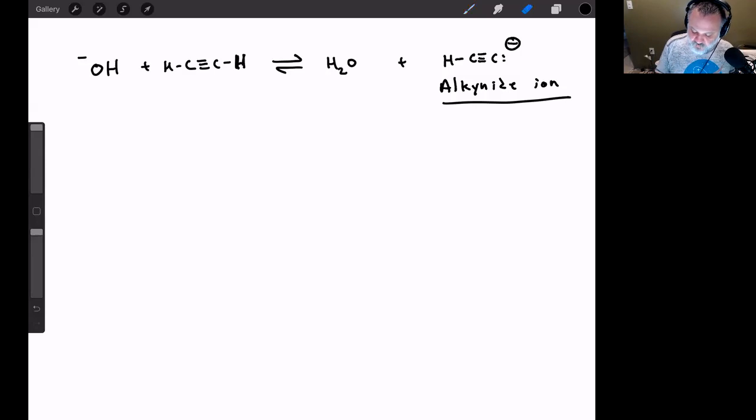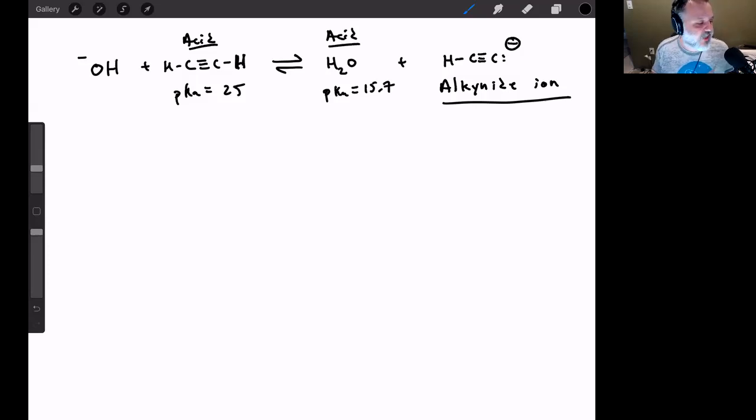And so what we did was we said, let's identify the acids. In this case, this is the acid, and on the other side, this is the conjugate acid of the base. So here are the two acids that we needed to compare, and that means we write down the pKa's. And so we say, look, what's the pKa here?